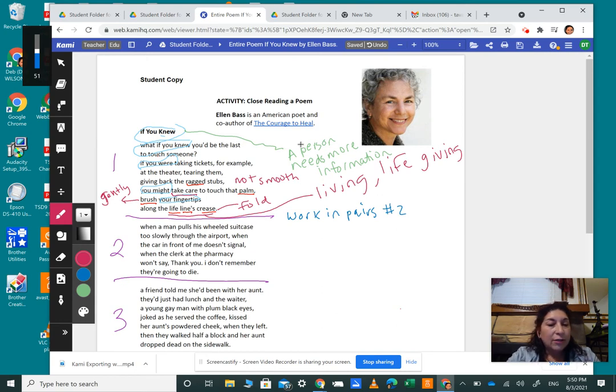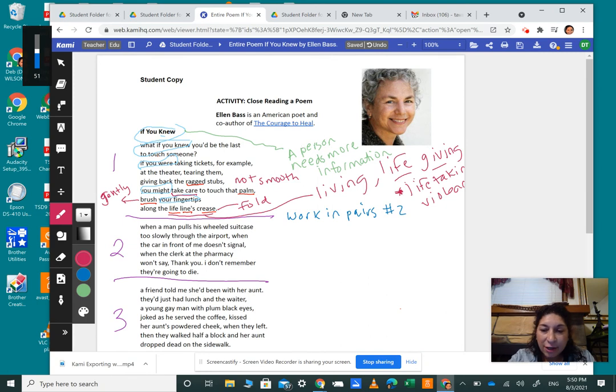So maybe your actions are more life giving, not life taking. This is the opposite, right? Life taking means violence, right? It's not like that. It's the opposite of that. So sometimes you can look at the opposite meaning.